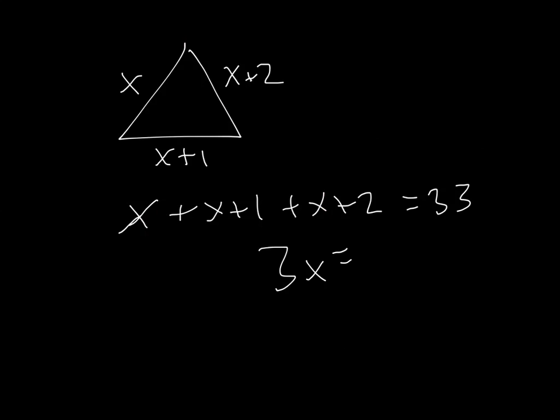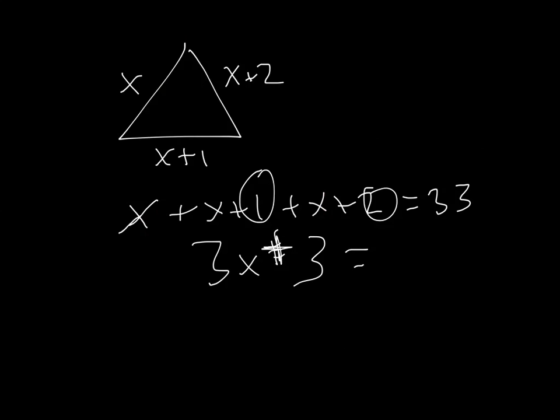So 3x plus 1 and 2, so that's 3x plus 3 equals 33.